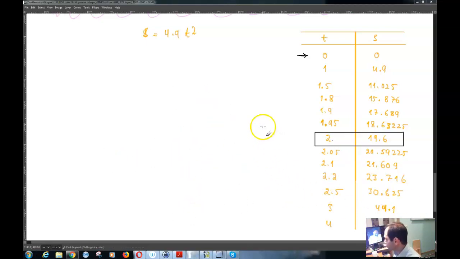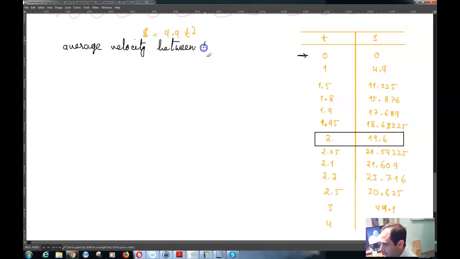Now what I need to do is, for example, calculate the average velocity between t is equal to 0 and t is equal to 2. Basically that would be s at t is equal to 0, which is 0.